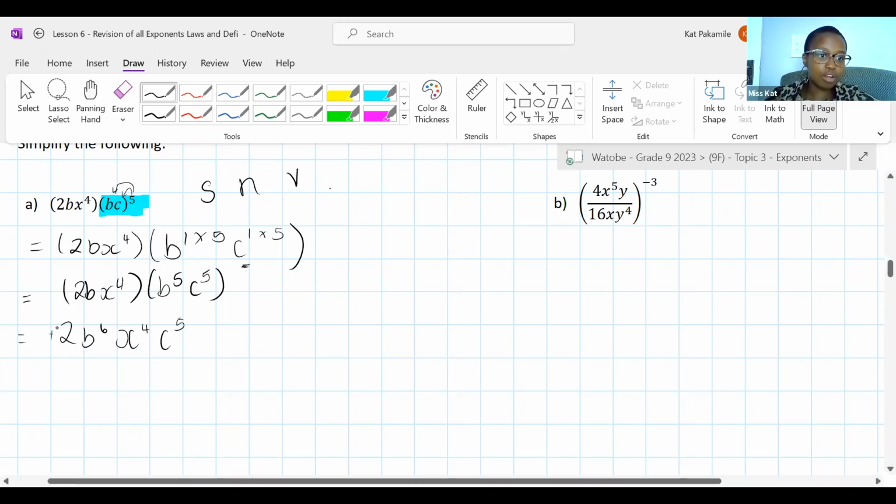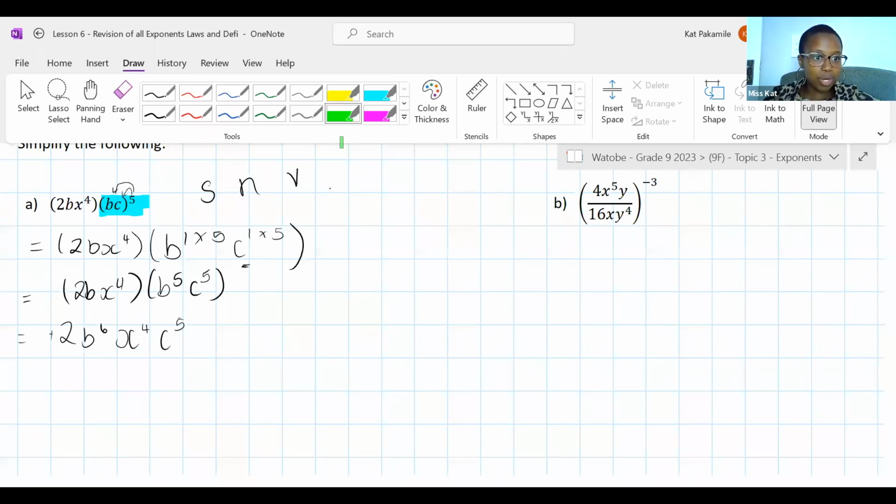Okay, for those who are confused about B and what happened there, remember, law number 1 says, first of all, brackets of multiplication. We have a B over there, we have a B over there. There's nothing there, there is a 1. So all we did was B to the exponent of 1 plus 5. Let me go through it again.